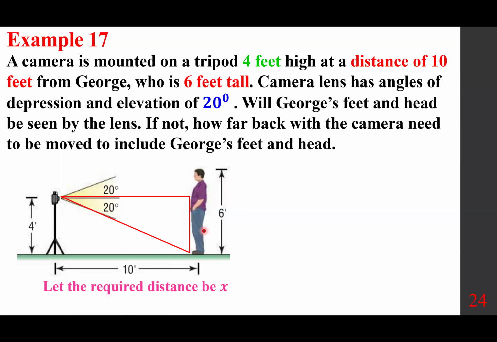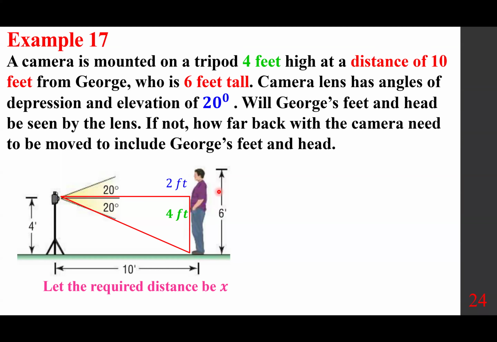And this is 20 degrees, this is 20 degrees. So this is X, remember, not 10. We are going to figure out what it should be. And this distance we said is 4 feet, right? So from here to here is 4 feet. From here to here must be 6 minus 4 or 2. So this is 4, this is 2.